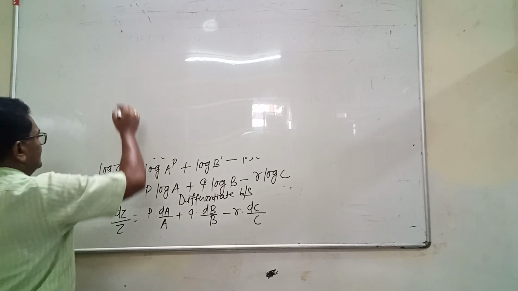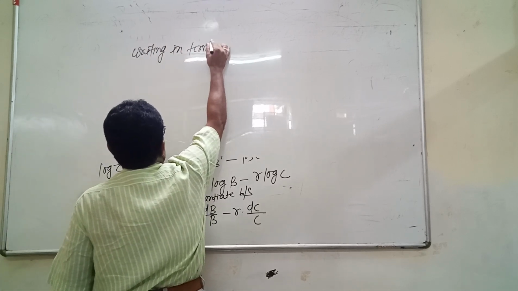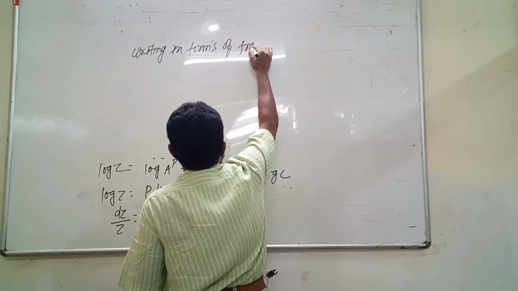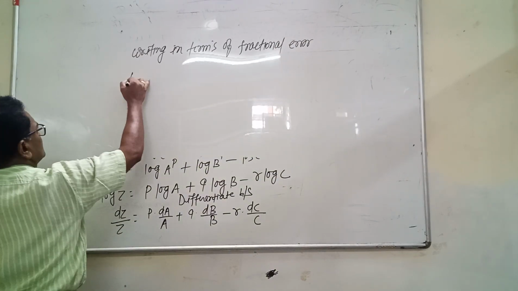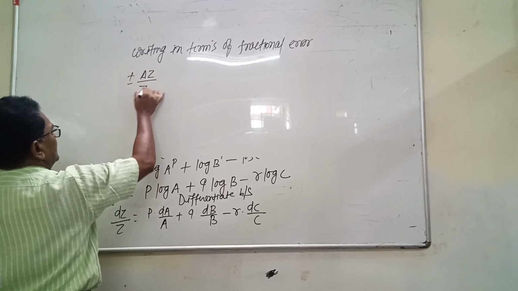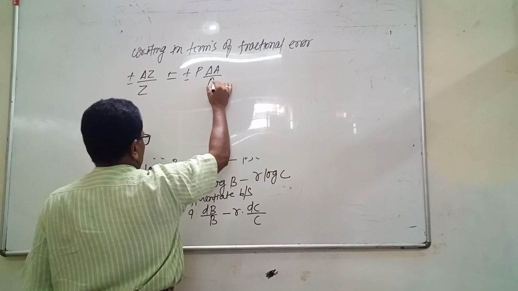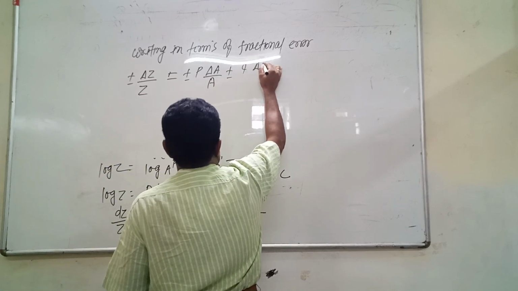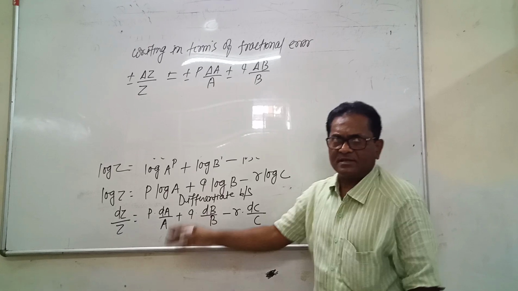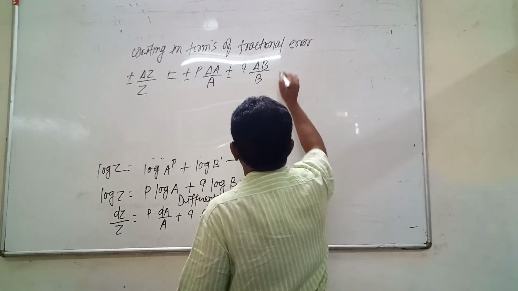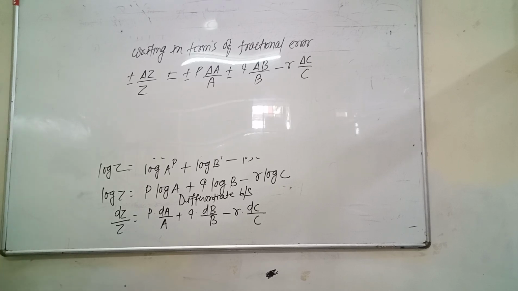So plus minus delta Z by Z equals plus minus p into delta a by a plus minus q into delta b by b minus r into delta c by c. dZ has been converted into delta Z, dA into delta A, dB into delta B, and dC into delta C.